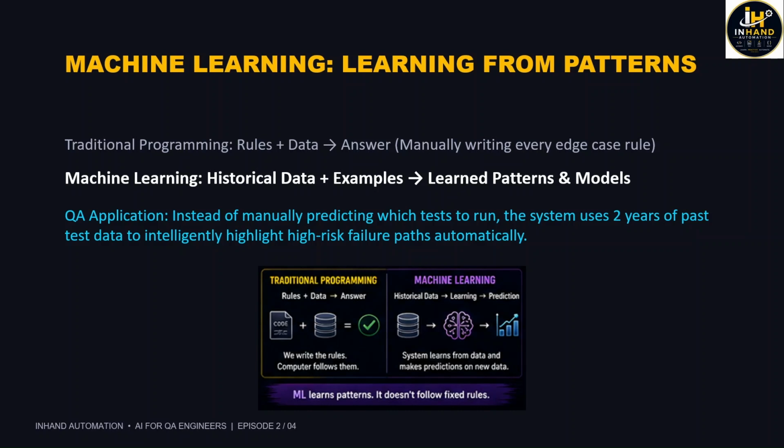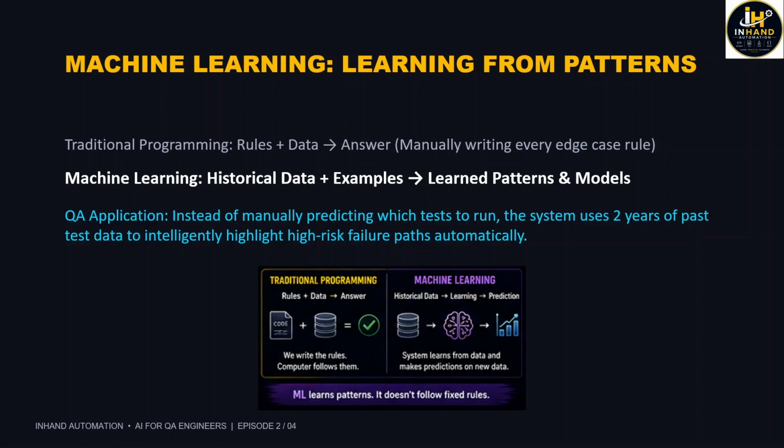Or when both payment and order modules are changed together, these integration tests have a higher risk. Now, when a new code change comes in, our system can predict these tests have a higher probability or chance of finding a problem.